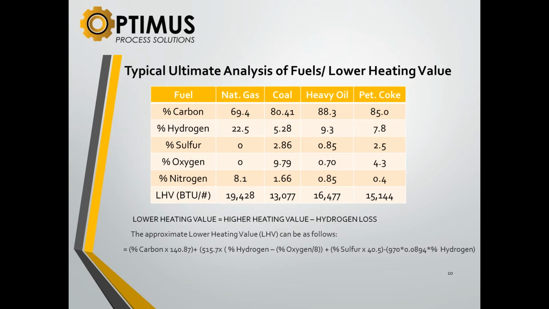I see. So something with a lot of hydrogen, the heating value goes up as the hydrogen increases. So on this one, I see the lower heating value. It looks like natural gas is the highest. Yeah. And coal tends to be the lowest.